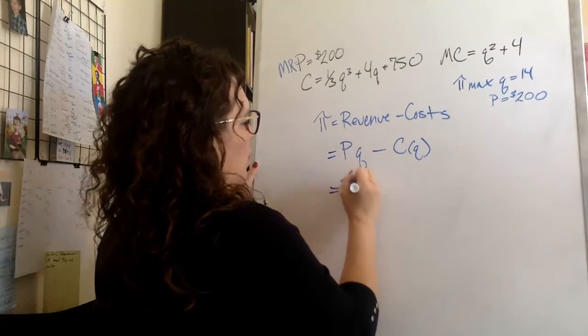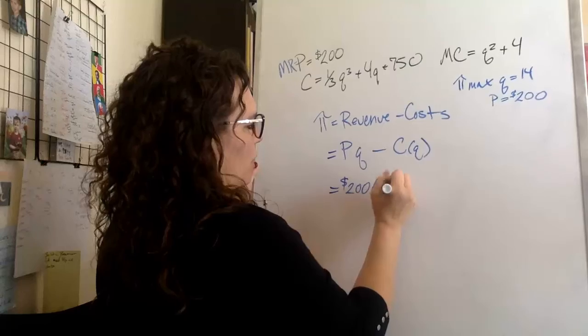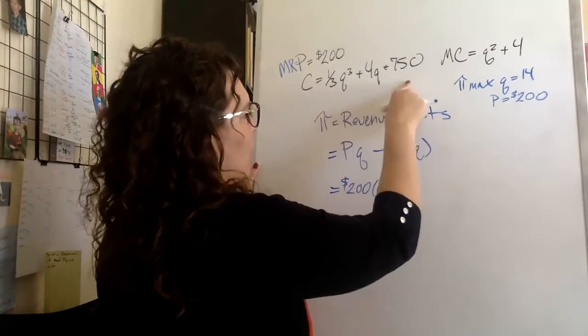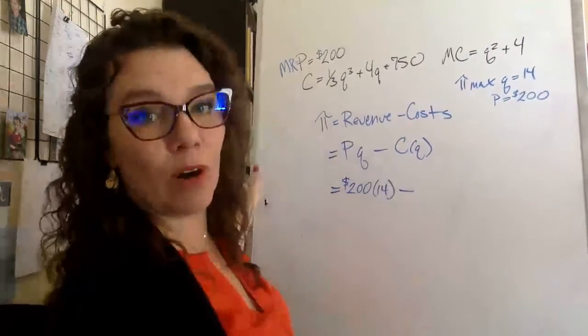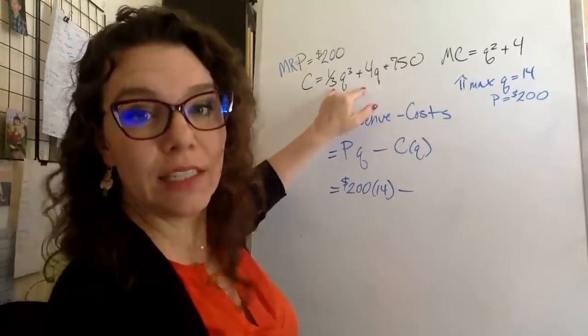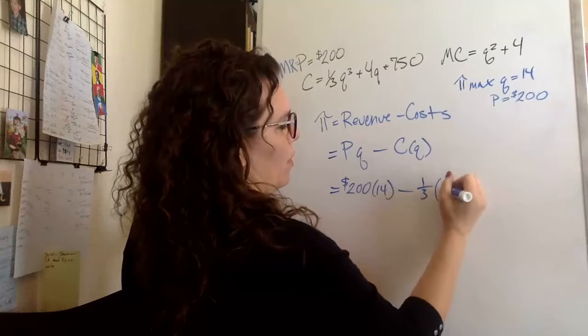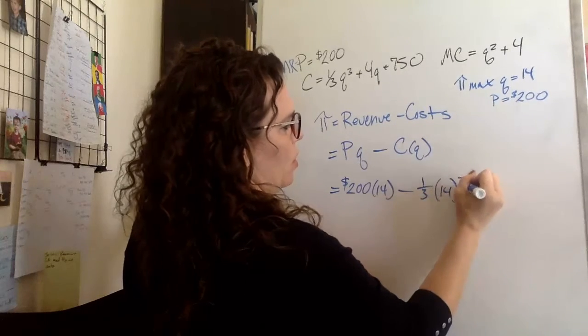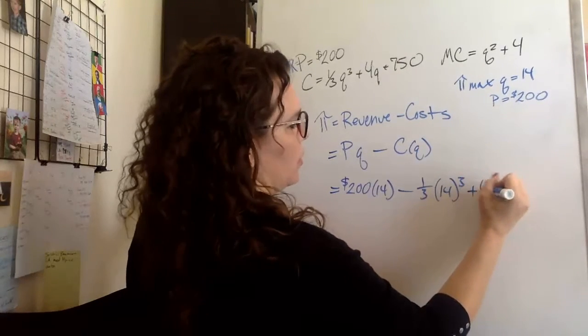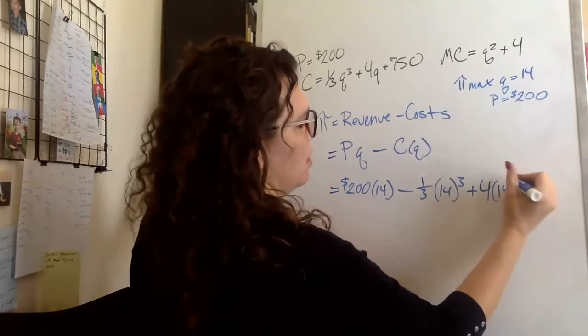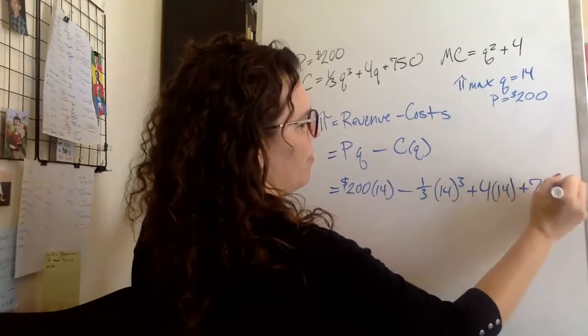So $200 times 14 units minus this cost function with our profit maximizing quantity of 14 inserted in. So 1/3 of 14 cubed plus 4 times 14 plus 750.